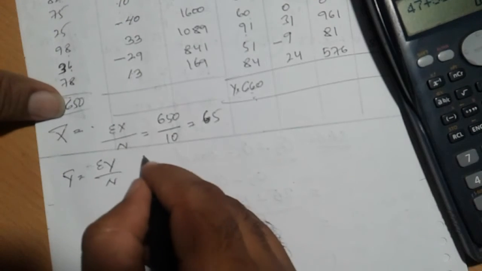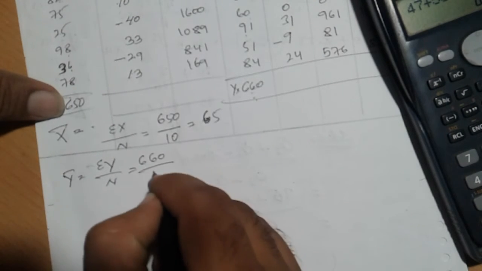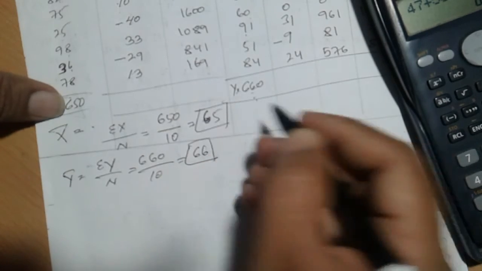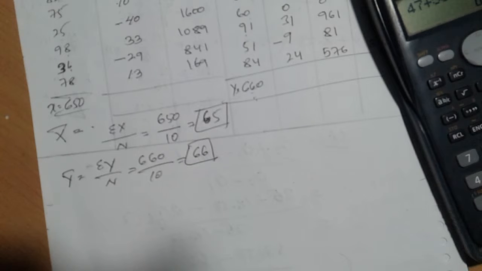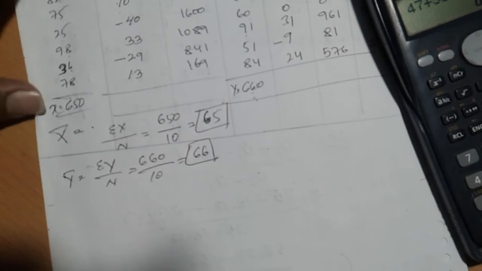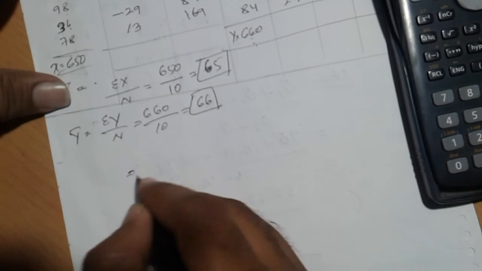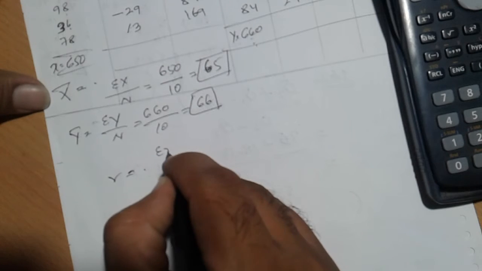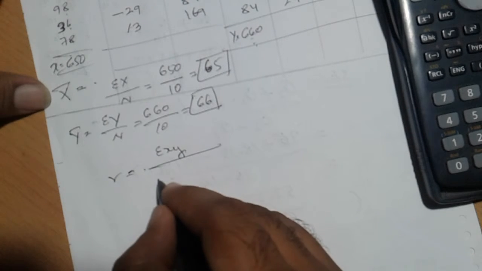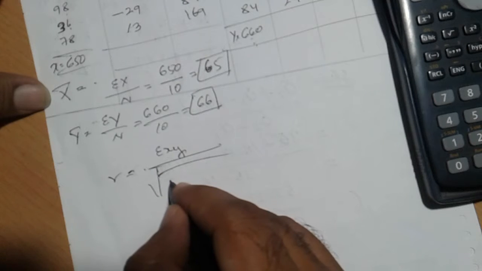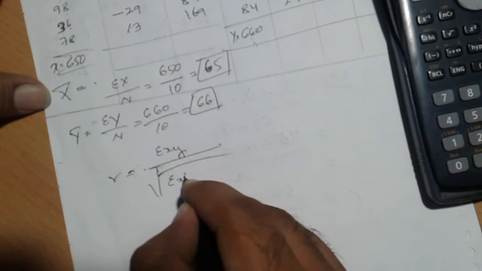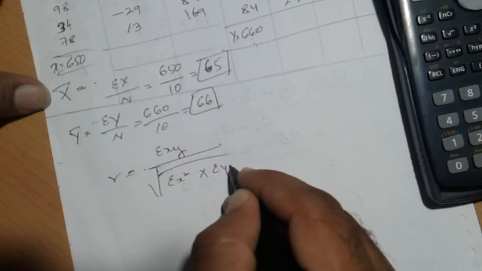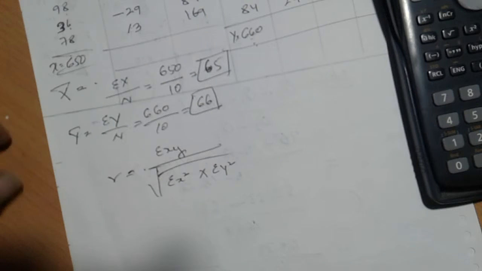So 660 divided by 10 means 66. So we are getting an exact value, so we should take the small formula but not the longest formula. The small formula means correlation is equal to sigma xy divided by under root sigma x square into sigma y square.